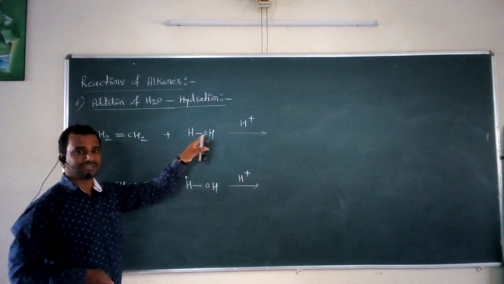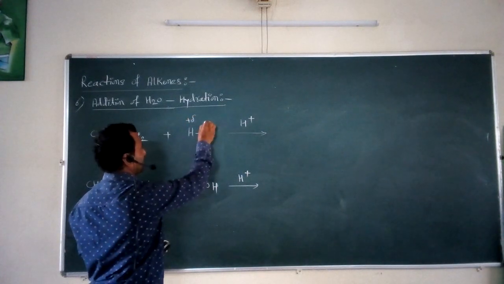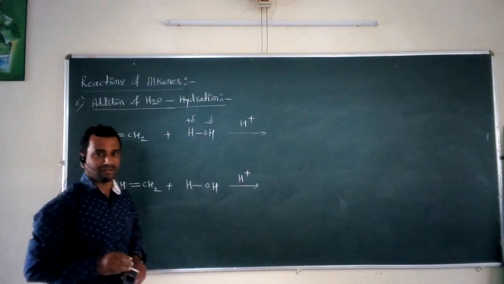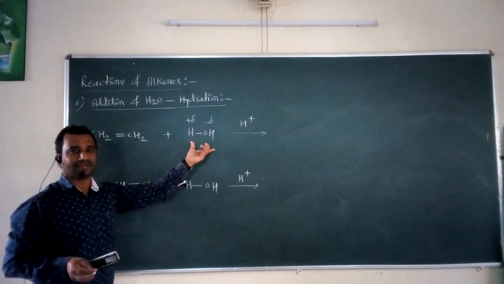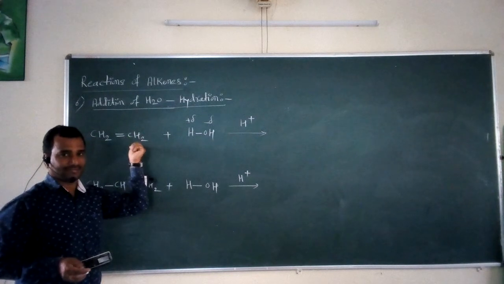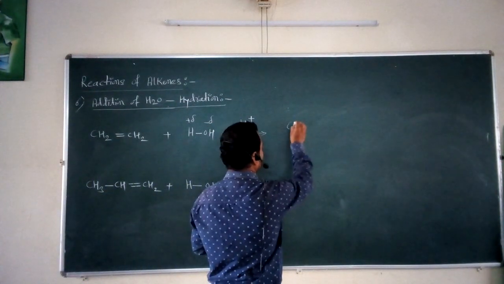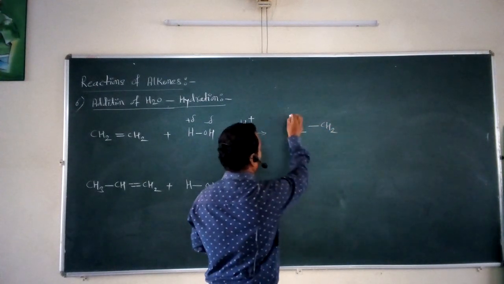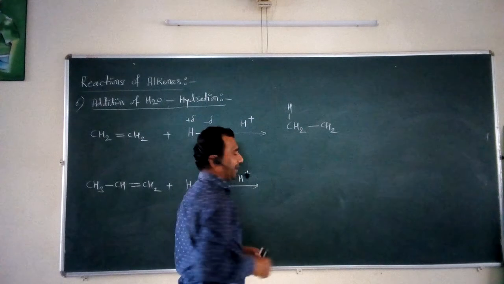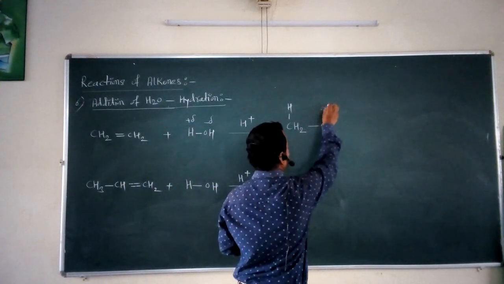Now, if I look at this HOH water molecule, there is a partial positive charge on hydrogen and a partial negative charge on the hydroxyl group. So this water molecule adds to the alkene and you will get the product. What type of product is obtained? This is CH2 single bond CH2, the first carbon attaches to the hydrogen and the second olefinic carbon attaches to the OH.